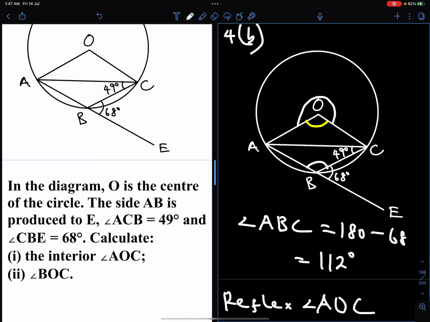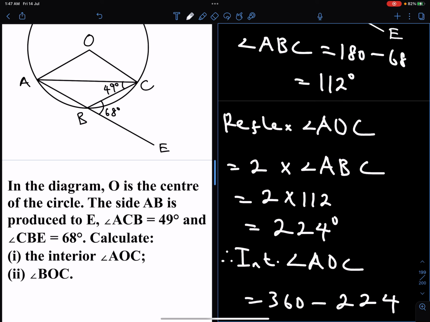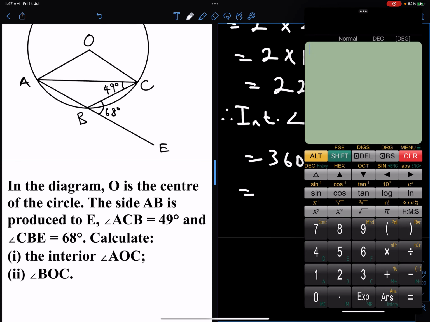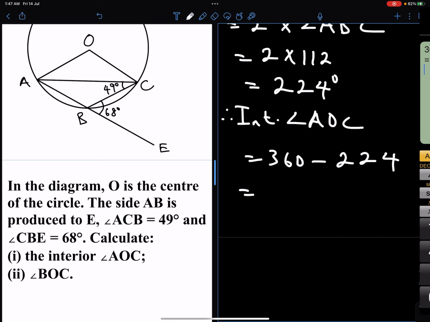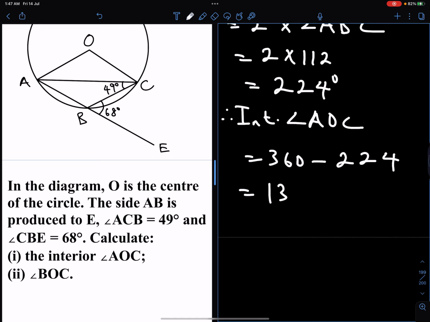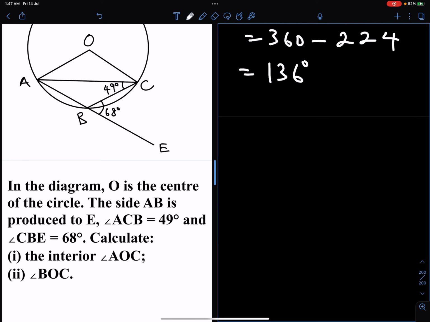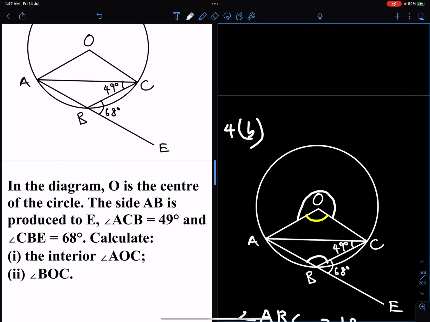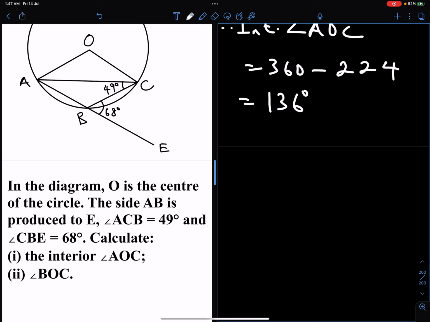Sum of angles at a point is 360 degrees, and that simply means 360 minus 224, and that's 136 degrees. So the interior angle AOC is 136 degrees. Now, what is Roman figure 2? That was Roman figure 1. And now to Roman figure 2.